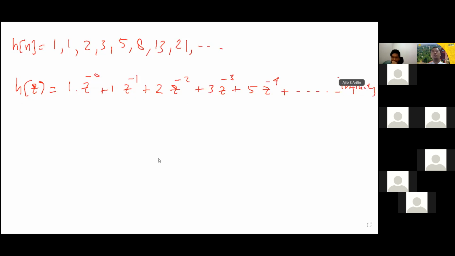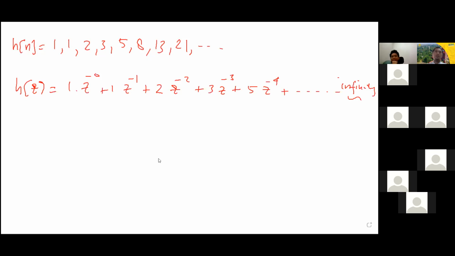This form is long enough to write, and we don't know what is the end. Actually there is no end.